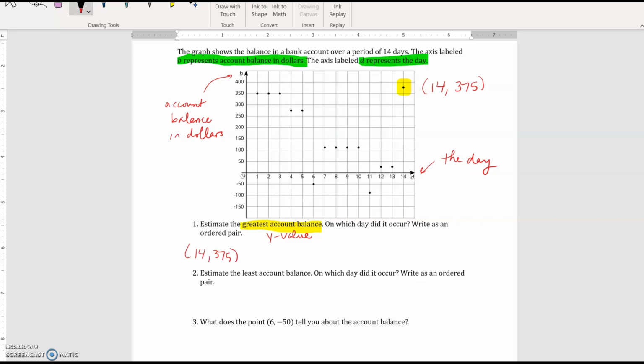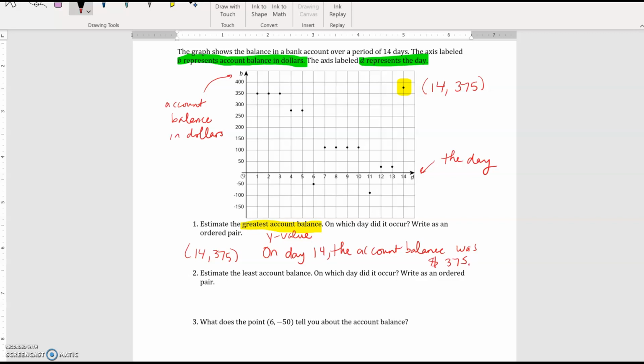What would this point mean based on the context of the graph? It means that 14 is the day and 375 is the account balance. So I'm going to say on day 14, the account balance was $375. Now there's a meaning behind the point.